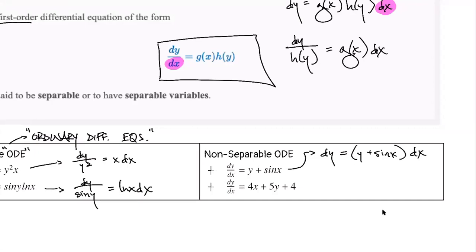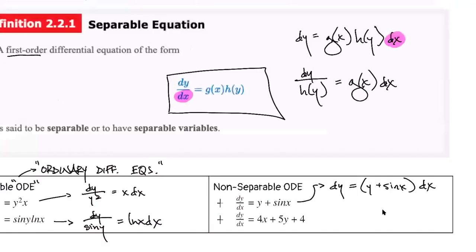And what I end up with is y's and dx's being mixed together, because the way this works, it works just like algebra. I would have to distribute this dx to both the y and the sine x. I can't just subtract the y away without multiplying it by the dx first, okay? So for that reason, it is non-separable. So the techniques we're about to learn will not work for this question, okay?